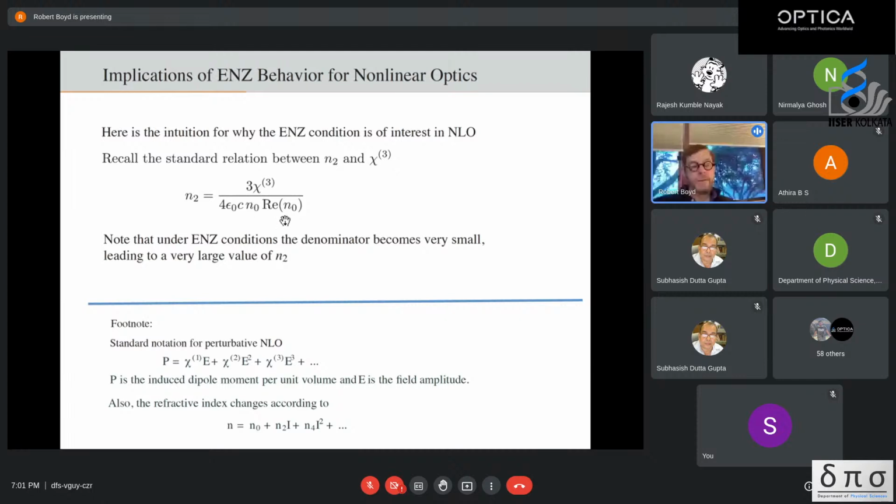The way to look at this is that chi3 is the fundamental material parameter. N2 is how chi3 shows up in particular situations. So chi3 remains the same, N2 increases as we approach an epsilon near zero behavior.